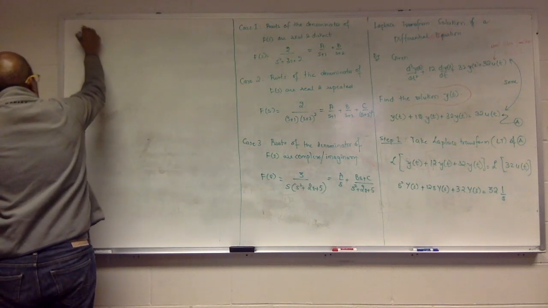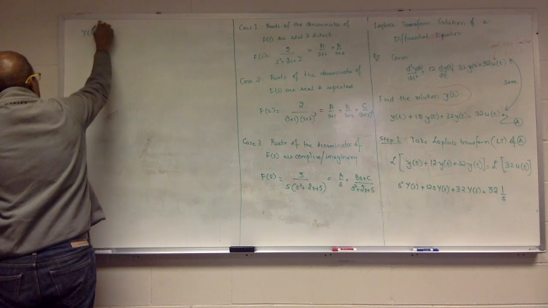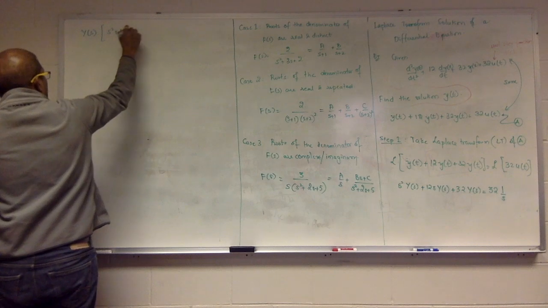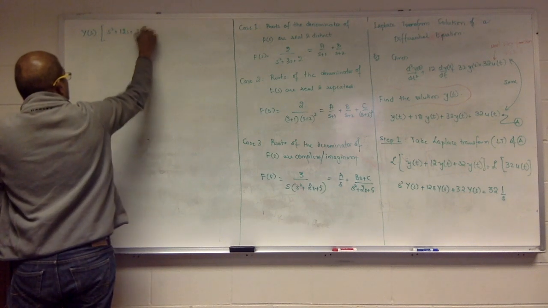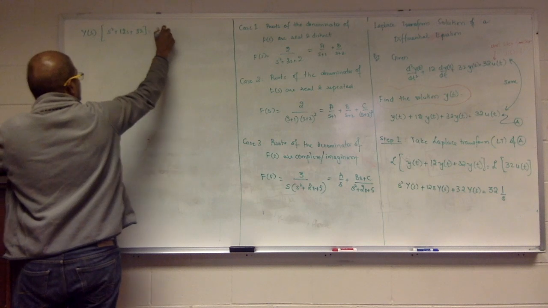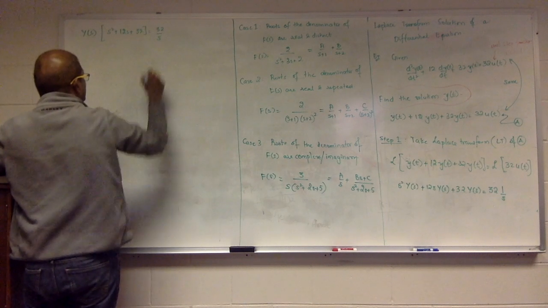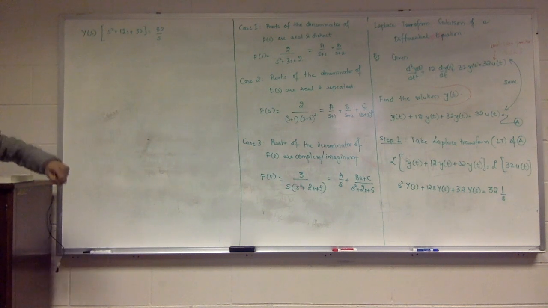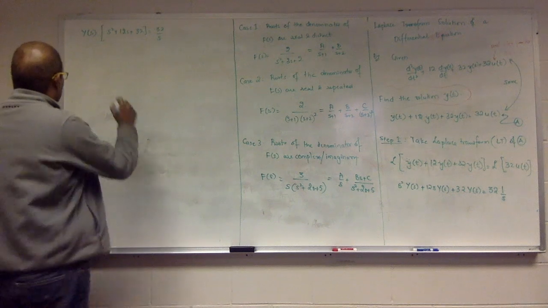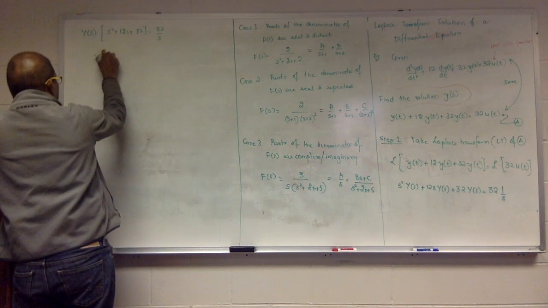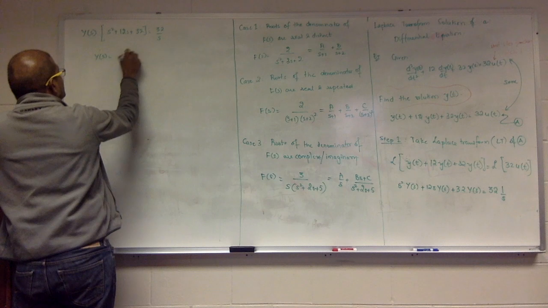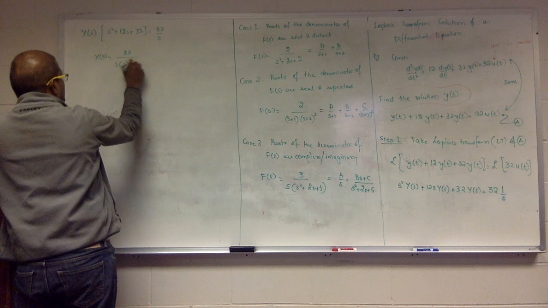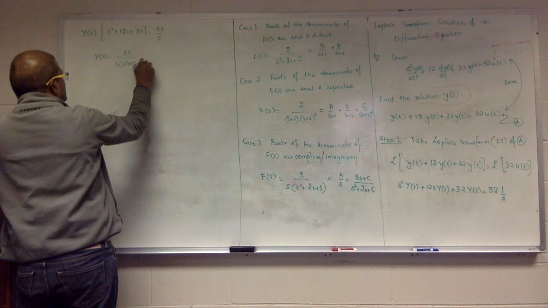If I take y of s common, I'm going to get s square plus 12s plus 32 equal to 32 divided by s. Okay? And y of s can be written as 32 divided by s into s square plus 12s plus 32.